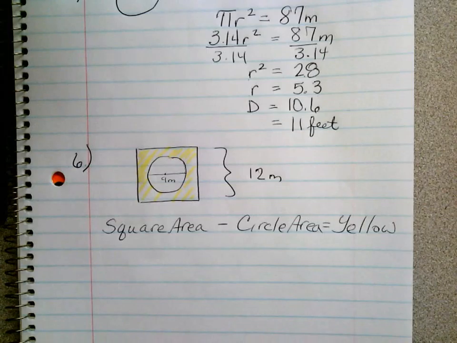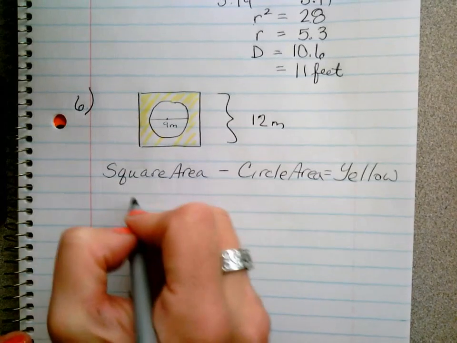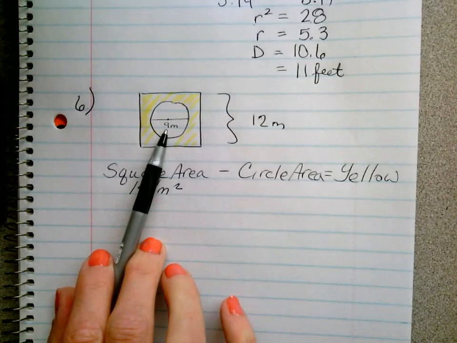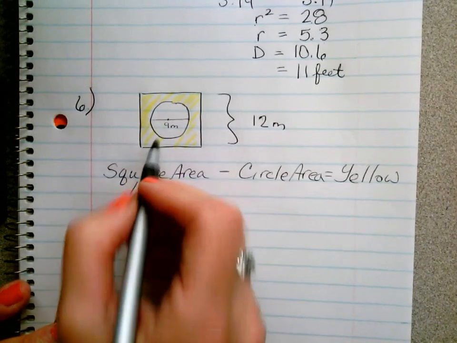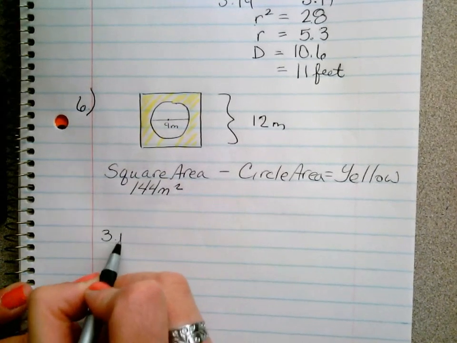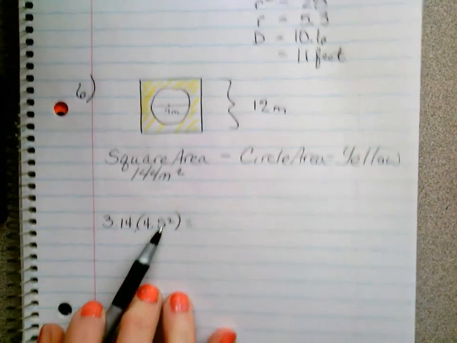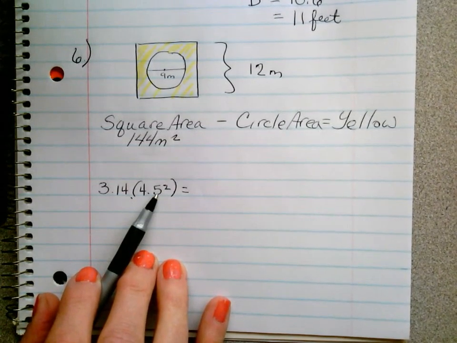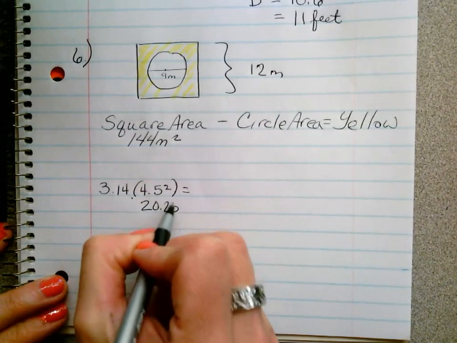All right, square's area. Do I need to do anything, or can you figure that out all on your own? 144 meters squared. Okay, pi r squared will give us the area of this circle. What is the radius of this circle? 4.5. So what's 4.5 squared? 4.5 squared, not 4.5 times 2. 20.25 sounds about right.